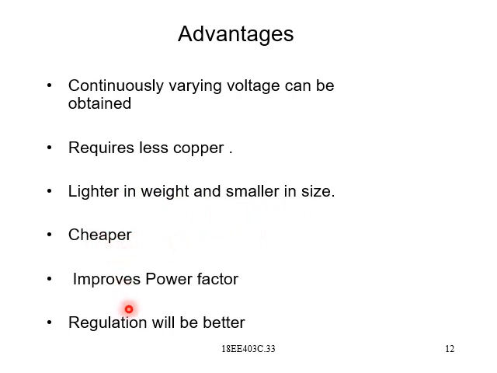It improves the power factor from poor to good, and the regulation will be better. So these are some main advantages of the auto transformer. Just make a note of that.